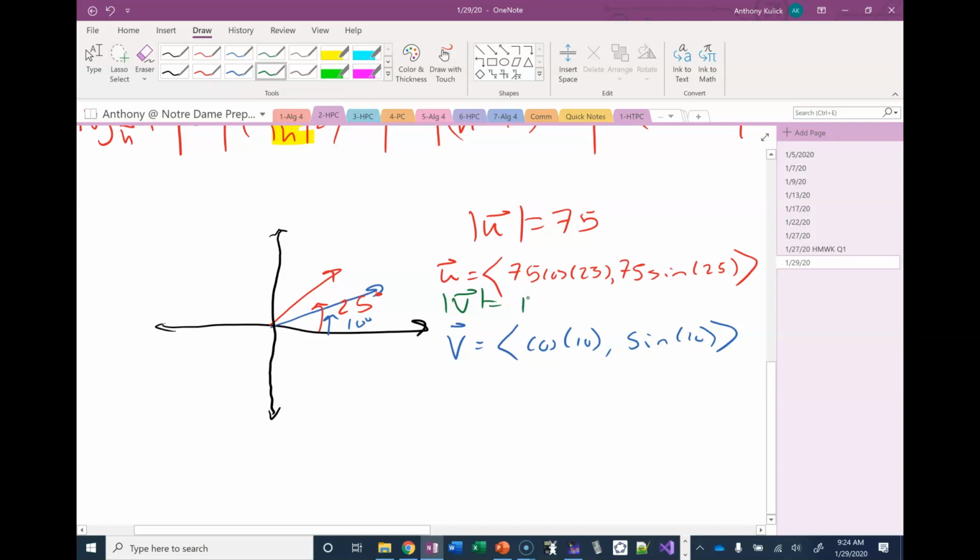And because we have that, we can just find the dot product to get our answer. Does that feel better?